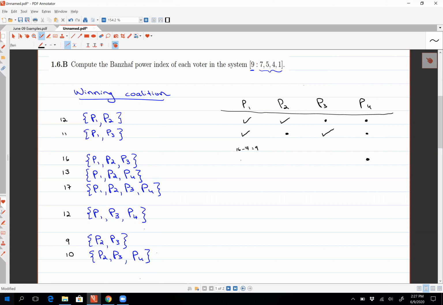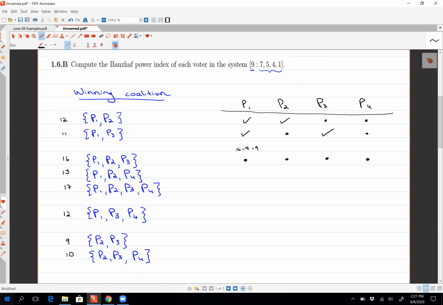So P1 is not critical here because P2 and P3 would still be a winning coalition. If I remove P2, P1 and P3 would still be a winning coalition. And if I remove P3, P1 and P2 would still be a winning coalition. So no voter is critical in this coalition. Any one of them can change their minds, and they would still have a winning coalition with the remaining 2.